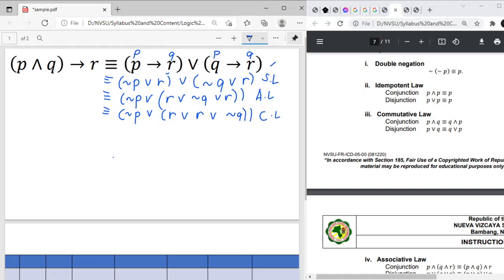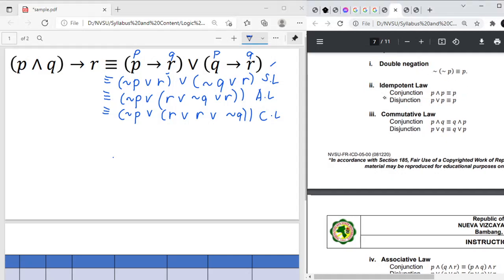Next, after natin i-apply yung commutative law, pwede na natin i-apply yung idempotent law. By idempotent law, P or P is also equivalent to P. Ibig sabihin, yung part na R or R, pwede nating i-replace. Copy lang natin yung mga hindi natin na-replace.